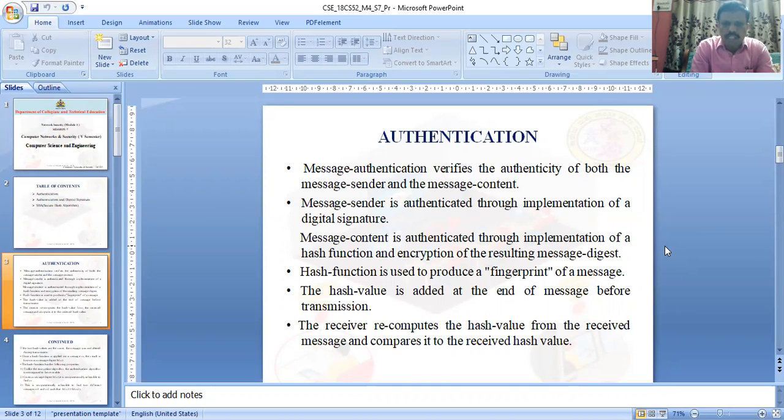As and when the receiver receives the message content, it recomputes the hash value from the received message and compares it to the received hash value.